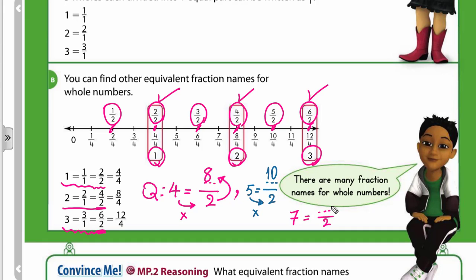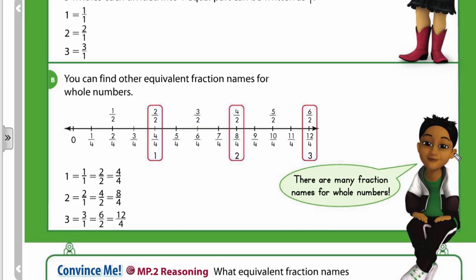Okay, but I want someone who didn't answer before. Okay, Muhammad. Yes. 14 halves, 14 over 2. Excellent. Thank you, my hero. So this is if we use halves.